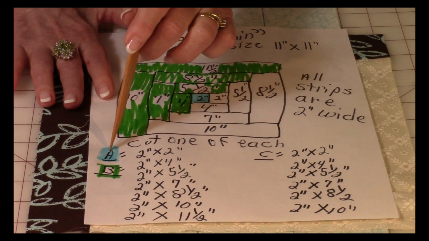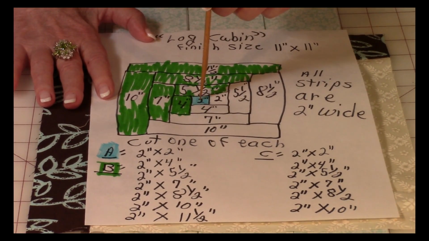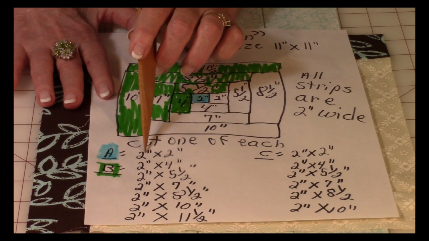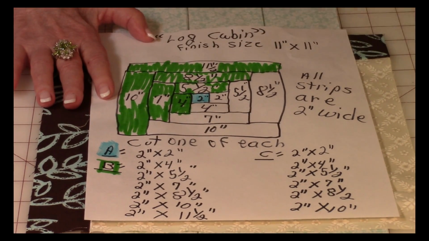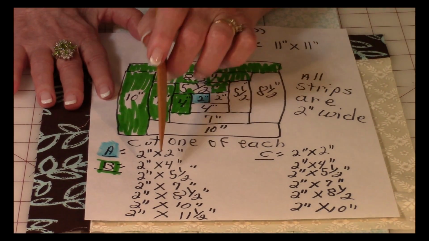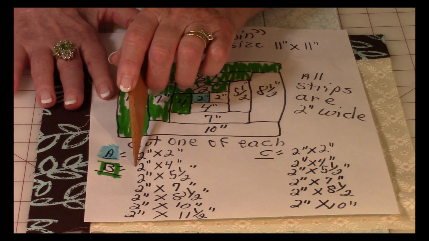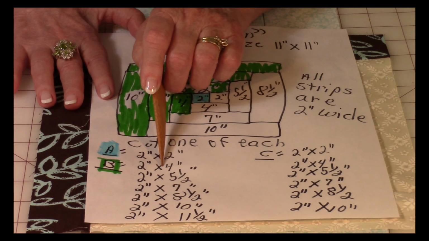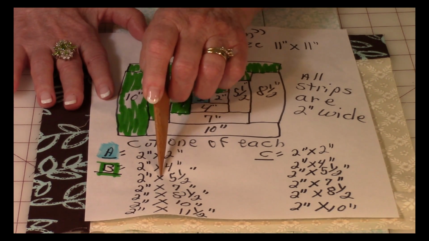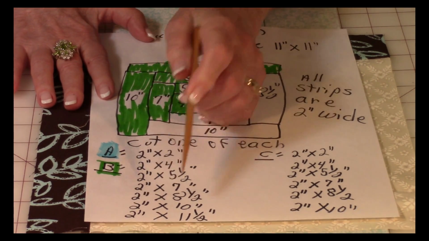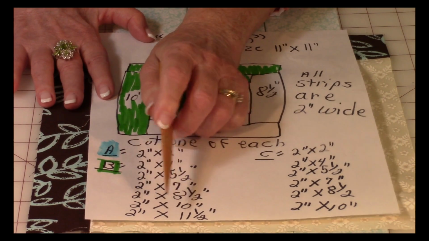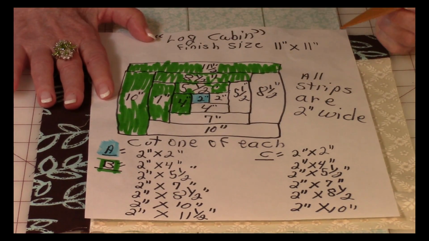So your A square, which is this one right here, is 2 by 2 inches. That's the only one out of your A fabric you're going to cut. Out of B, you'll need one that's 2 by 4, 2 by 5.5, 2 by 7, 2 by 8.5, 2 by 10, 2 by 11.5.